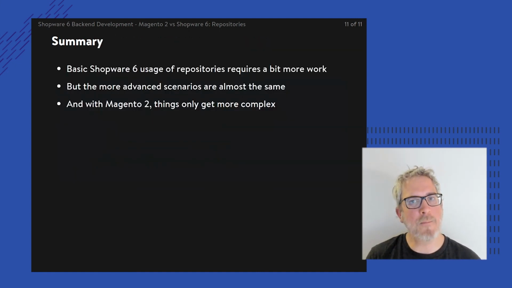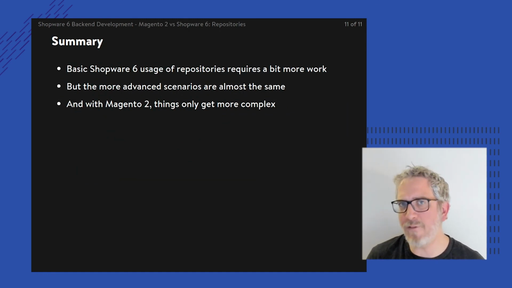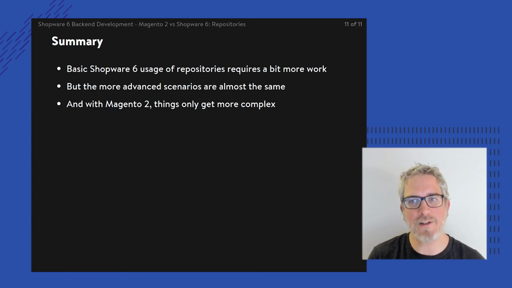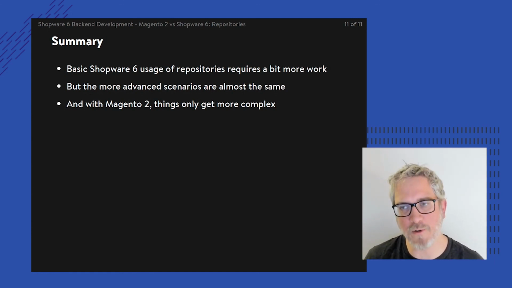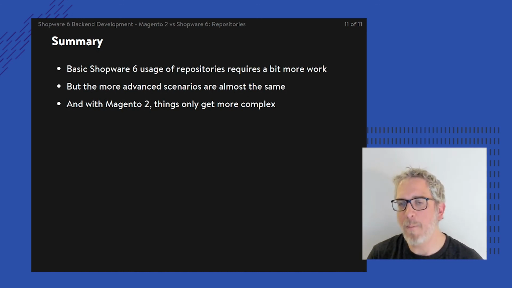So maybe Shopware is at first more complex than Magento, and it definitely requires a little bit more work. But the bottom line is that you're trying to accomplish the same thing. It's still dependency injection. It's still certain configuration pointing into certain dependencies that you inject using your own PHP constructor. At first, Magento sounds more simple. But as soon as you get further into other scenarios, my personal belief is that the complexity within Shopware remains the same.